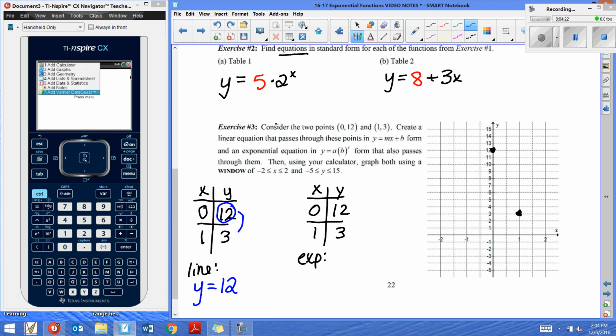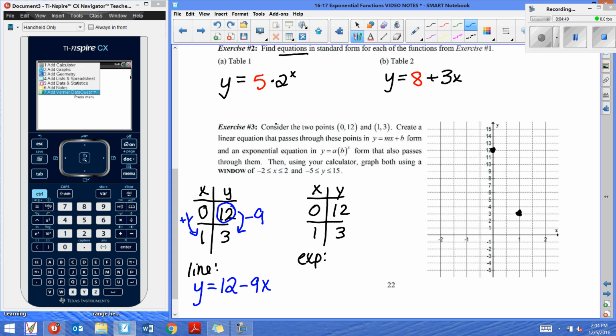So how did 12 become 3? Well, it looks like I'm taking away 9 every single time, and I always want to check this. My x increases by 1. This is great news because if it had increased by 2, I'd have to divide the minus 9 by 2 to get my actual slope for the every 1 value. So 12, I will be taking away 9 every single time.